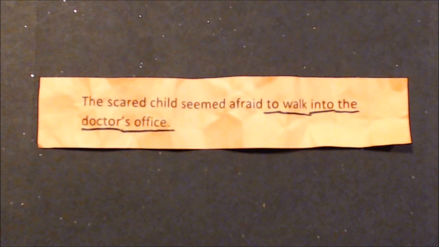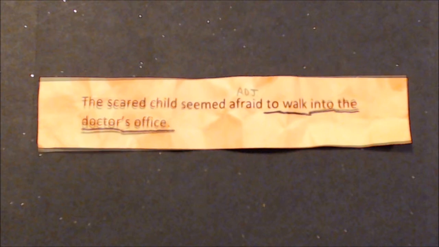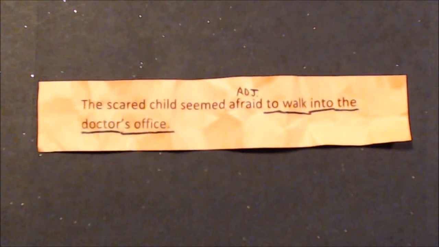Doesn't it describe the child? So the part of speech for afraid would be adjective. Let's write adjective above it. By the way, I'll give you bonus points if you can tell me what scared is in this sentence. Okay? But let's go back to the infinitive. To walk.